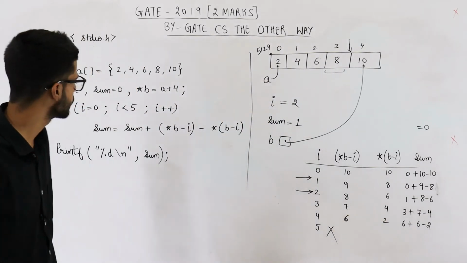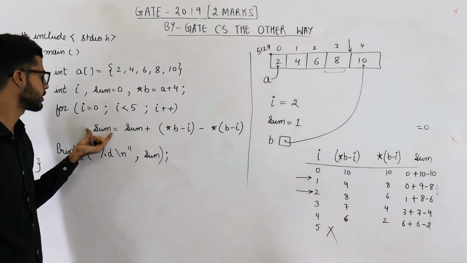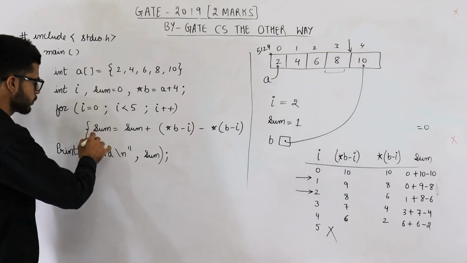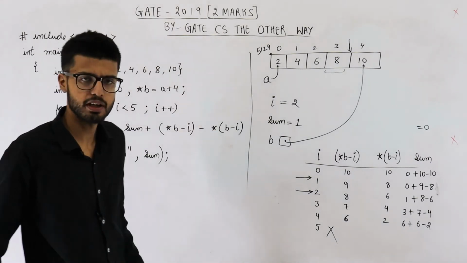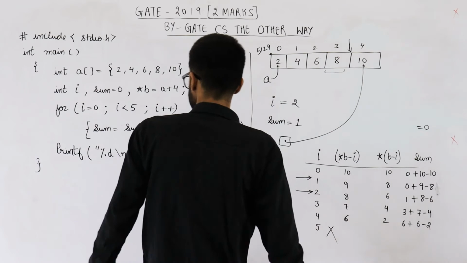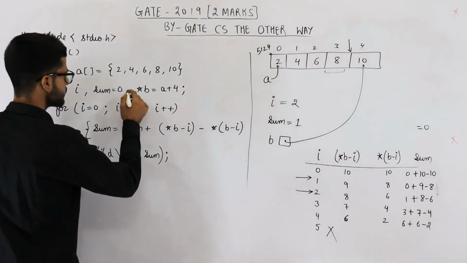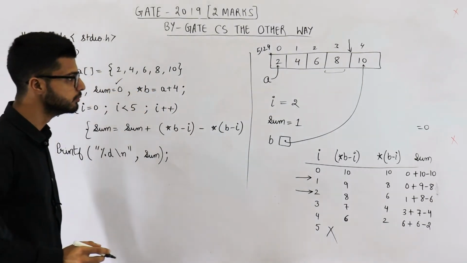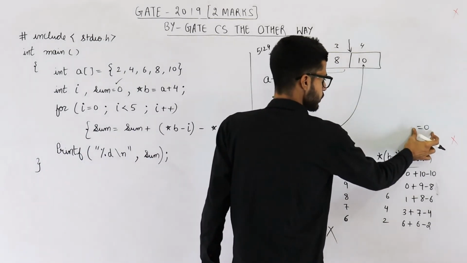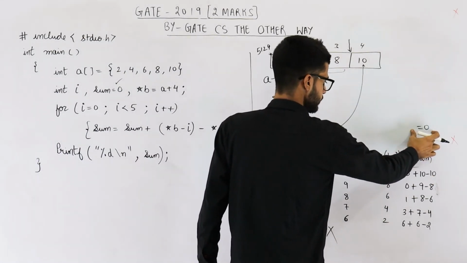Now let us just calculate what is the value of sum. That means let us execute the body of the loop for each and every iteration. See, initially sum is 0 here. So I have written 0 here for sum initially.